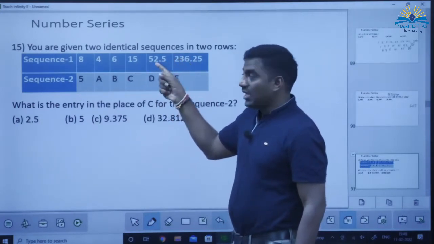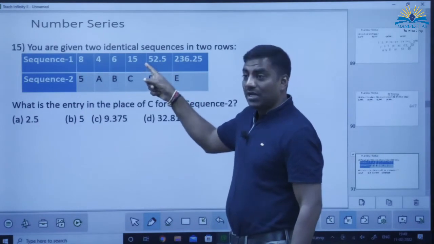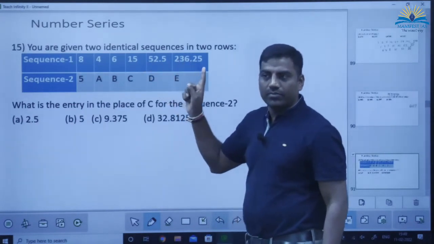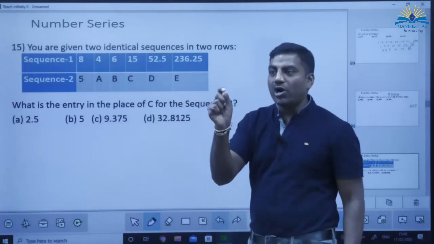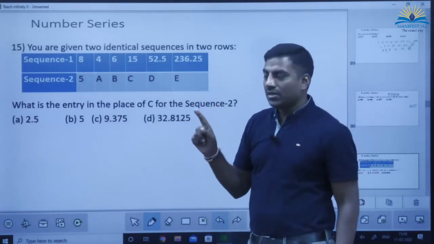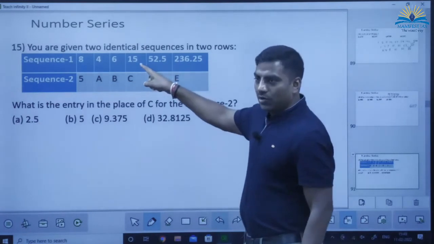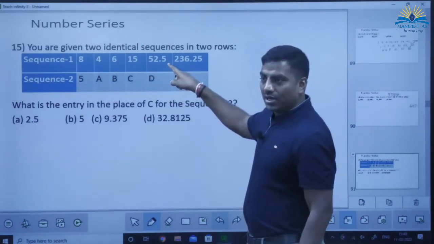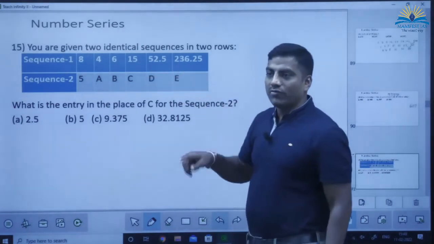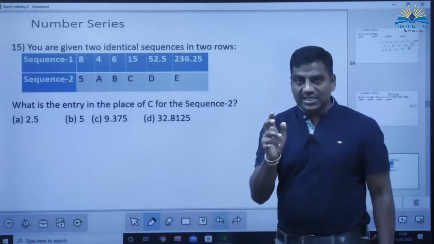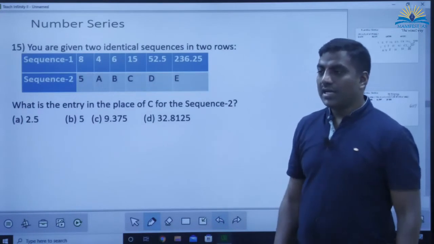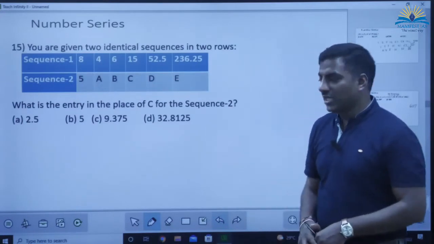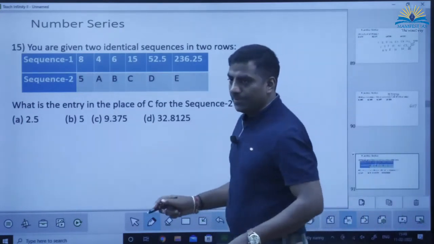That means we are multiplying with a factor which consists of 0.5. The whole number is becoming half here. Half is becoming 0.25 here. So there is a relation with respect to multiplication only, not addition.